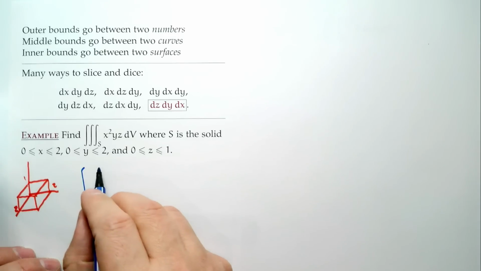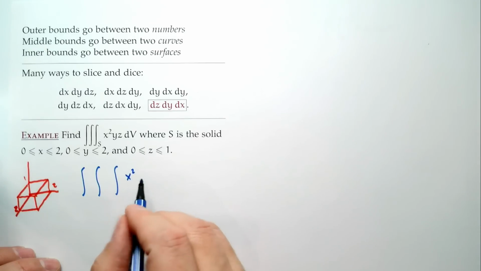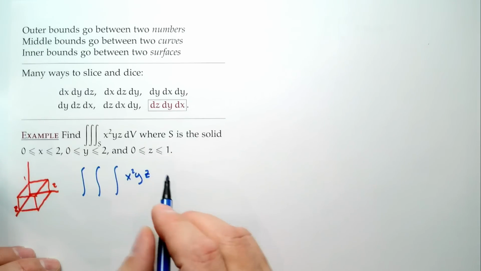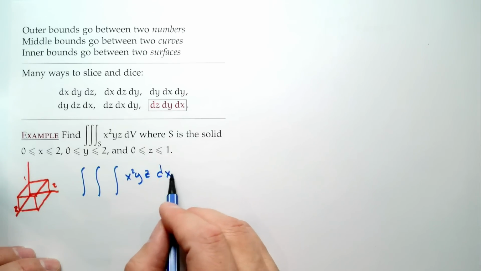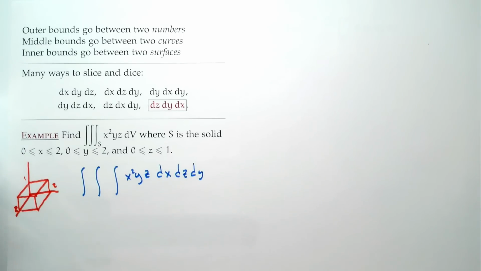So I want to find this integral, x squared yz. And I say, look, I actually want to find it. And if I want to find something, the way we find things is iterated integrals, dx dz dy. And when we're doing these types of integrals, the safest and easiest thing for us to do is just to think about what's happening for y.